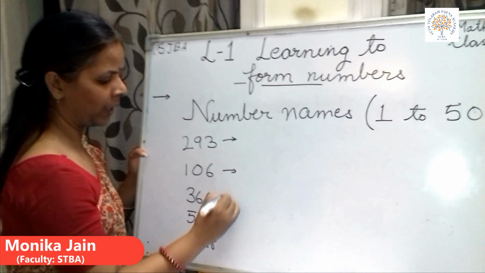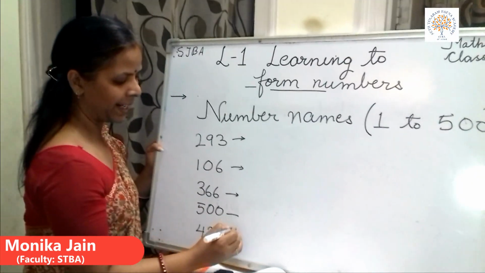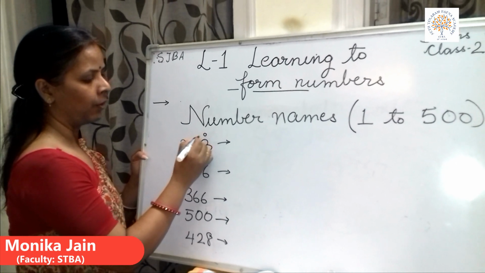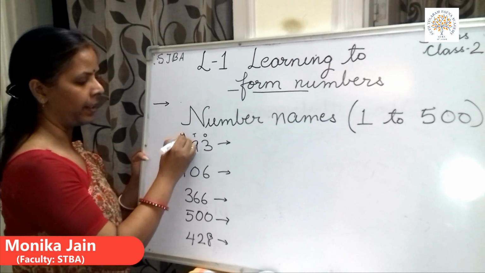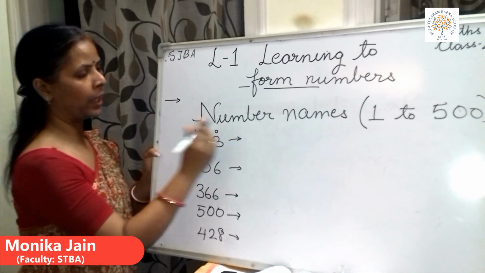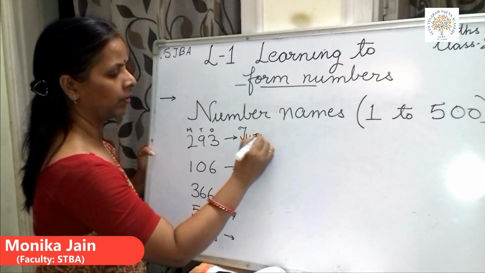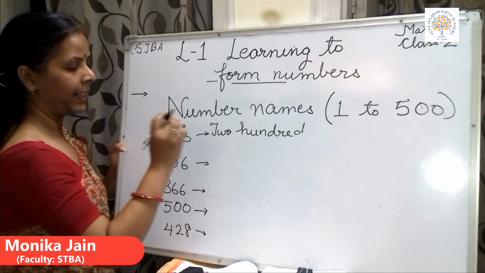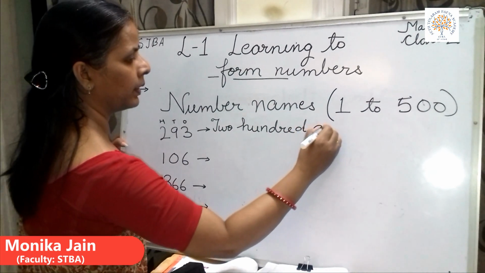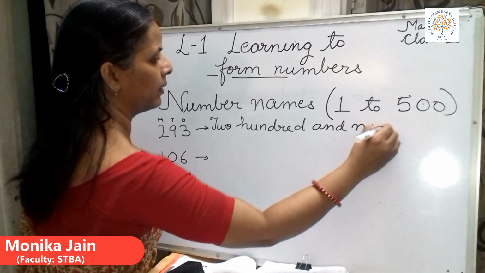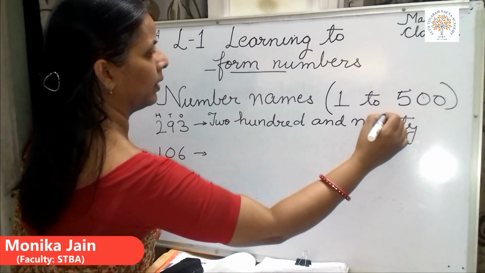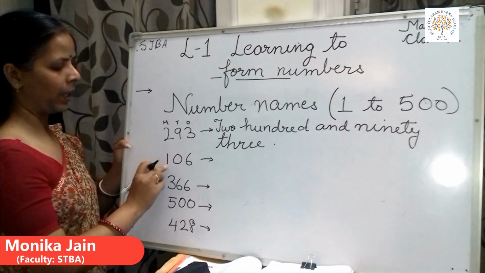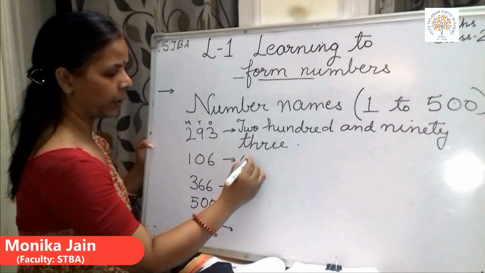While writing this, you will have to keep in mind the place value. You can write on the top of each digit the places: ones, tens, hundreds. Now start counting. It is 200, 9 tens means 90, and 3.